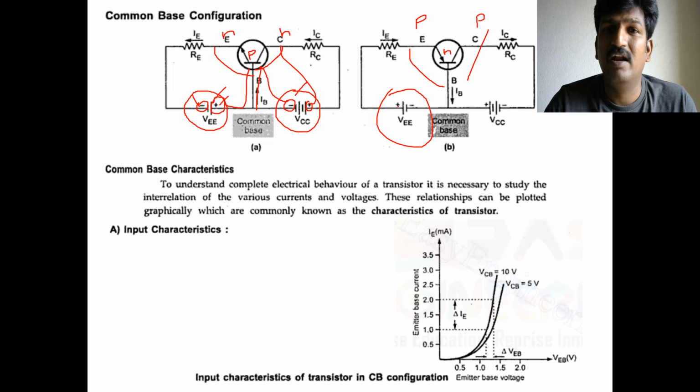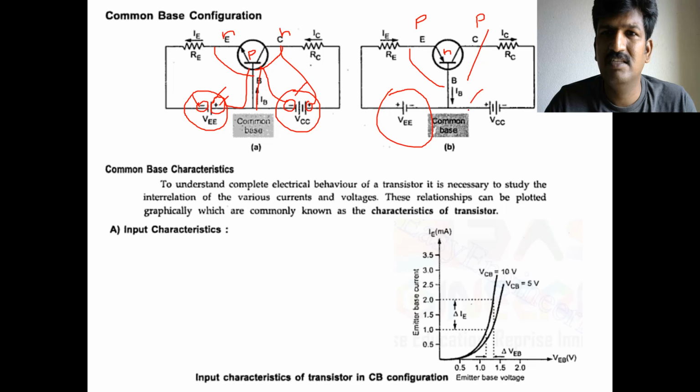How is the polarity changing now? When you compare with the NPN transistor, in the PNP transistor the power supply polarity has to be changed, because plus always needs to be connected with the P-type material and minus always connected with the N-type material to make that corresponding junction diode forward biased.